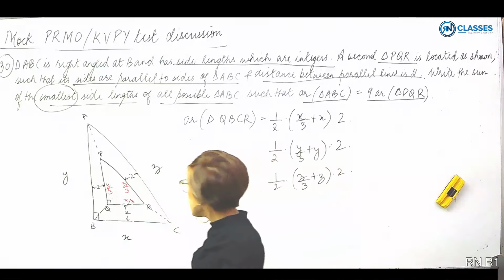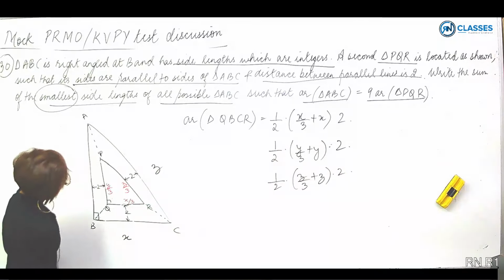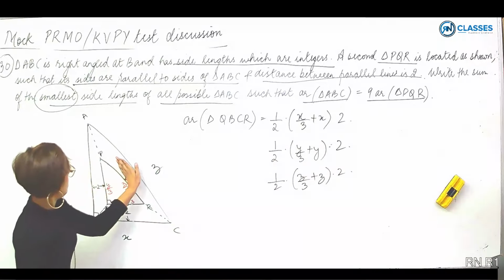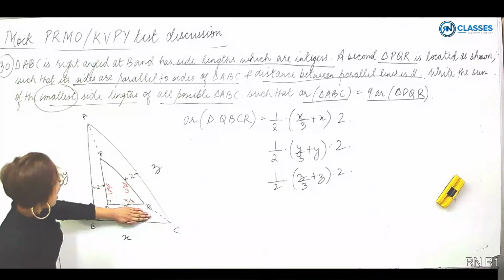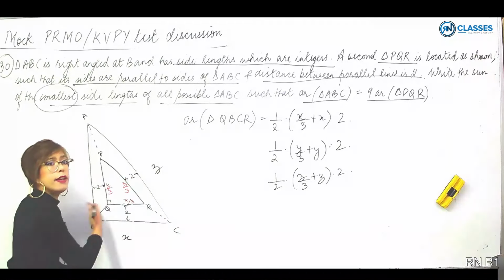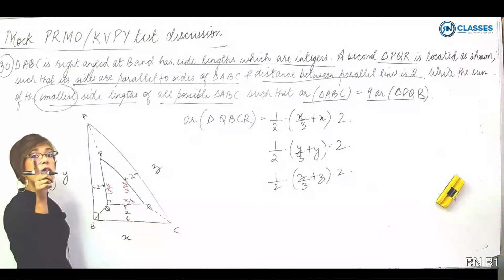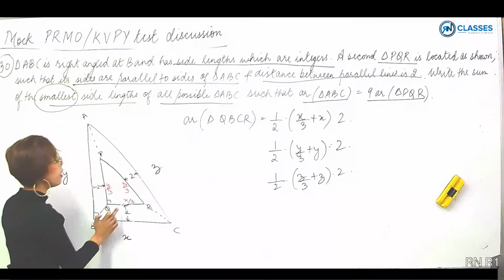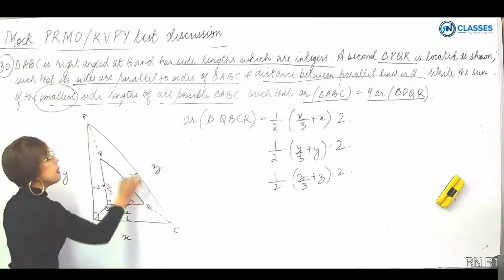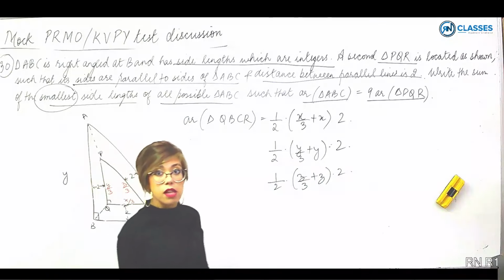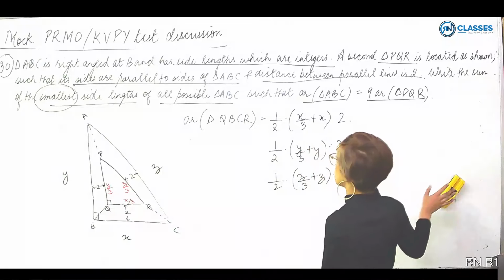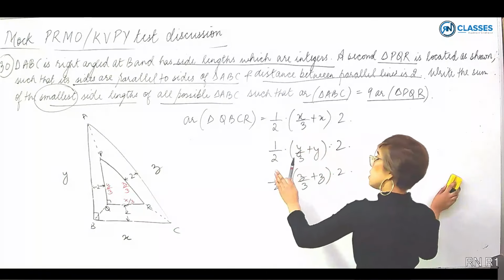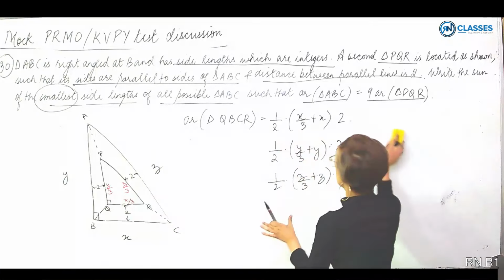Now I have written the area of the trapezium. Mind it, area of trapezium. I know the area of this, I know the area of this, I know the area of this. And if I add the area of this, I'll get the area of the entire triangle. I can use this. So that means the sum of areas of all these will give me the area of the entire triangle. So maybe I can use this. Let me rewrite this because I need the space. So I'll write this plus this plus this first.